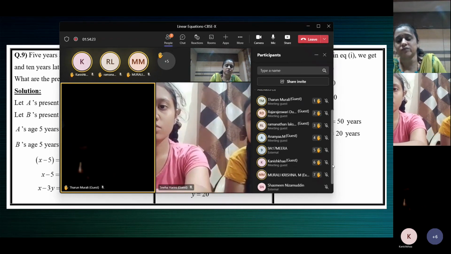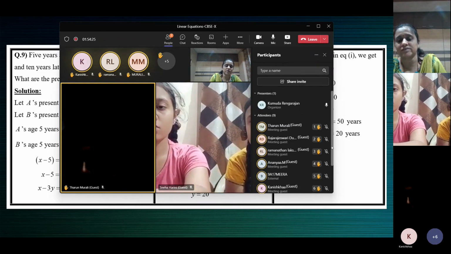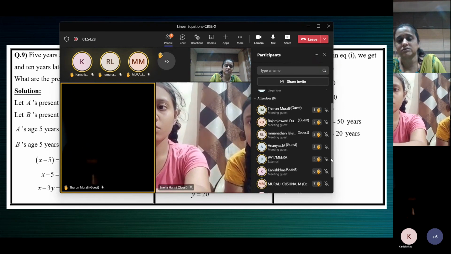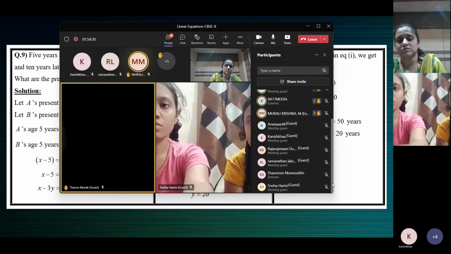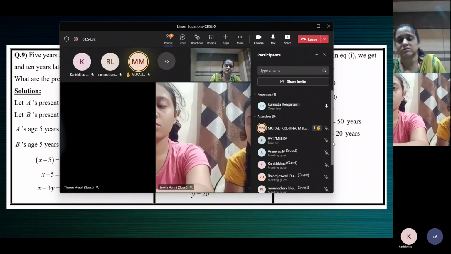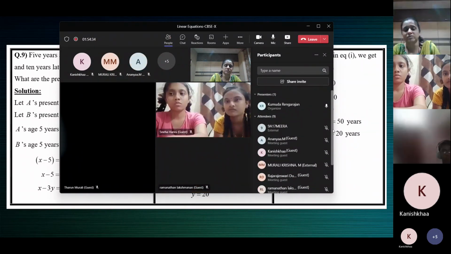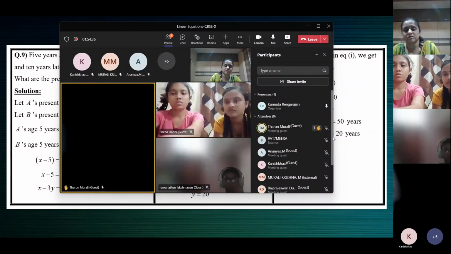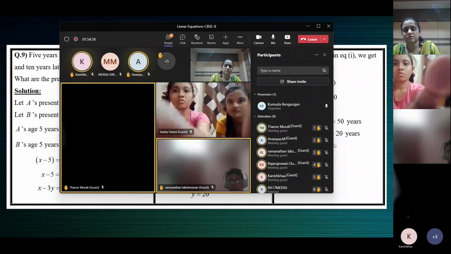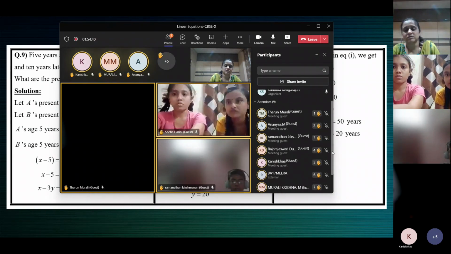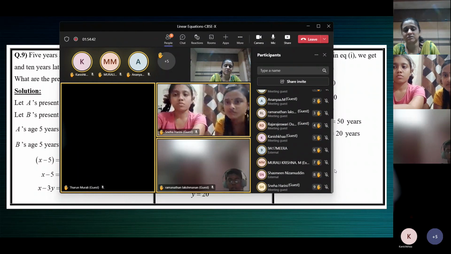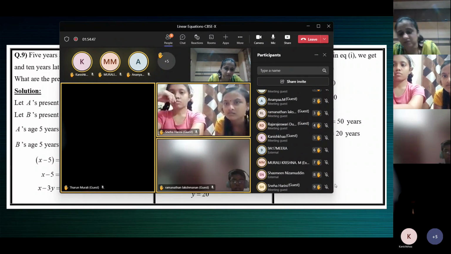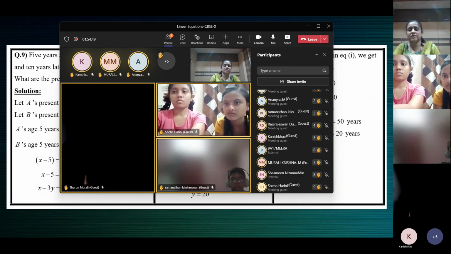Those who have raised their hands, lower your hands, children. Now class, use the emoji. Raise your hands. Tarun, Murali, Ananya, Ramanathan, Raja Rajeshwari, Kanishka, Meera, Murali Krishna, Sashmin, Sneha, and Harini.